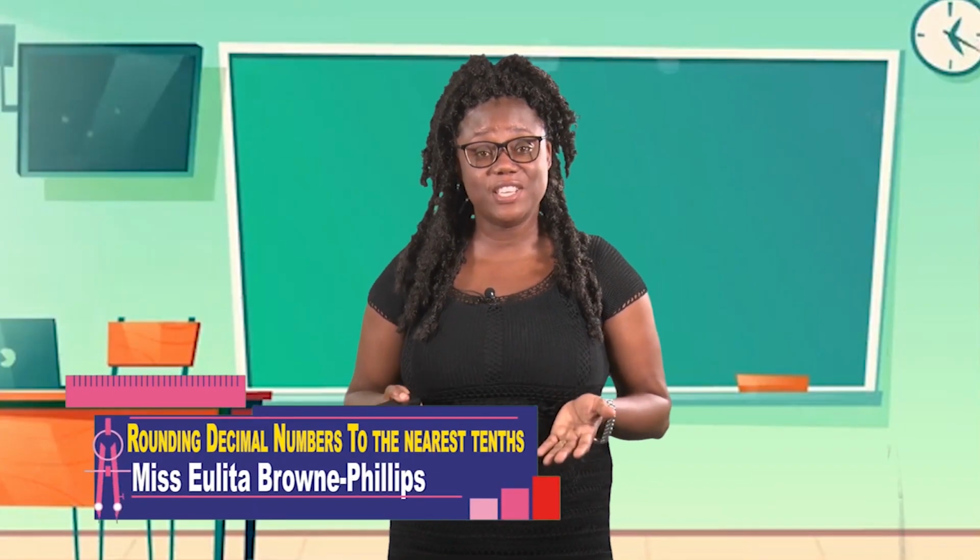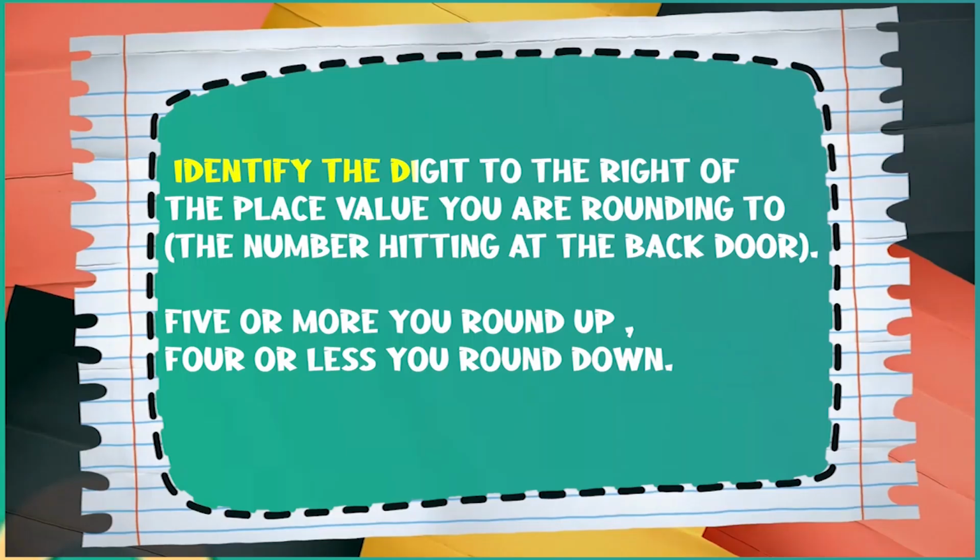So the first thing you do, you identify the digit to the right of the place value you are rounding to. Or, as I would say, the number hitting at the back door. If it's 5 or more, you round up. If it's 4 or less, you round down.